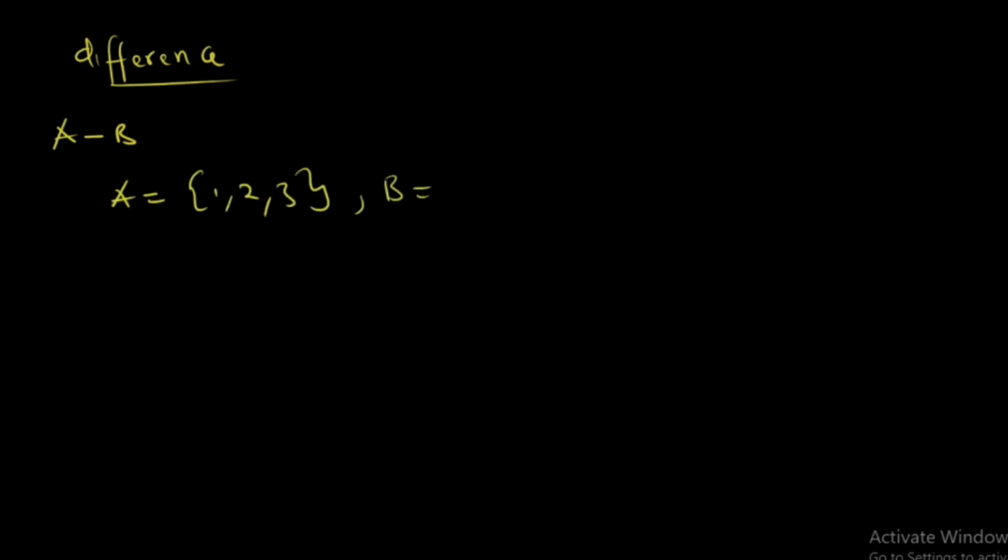Let's talk about subtraction, or the difference. The difference is defined as follows. The set A minus B consists of elements that are in A but not in B. For example, if A is equal to 1, 2, 3 and set B is 3, 5, then A minus B will be equal to 1 and 2.